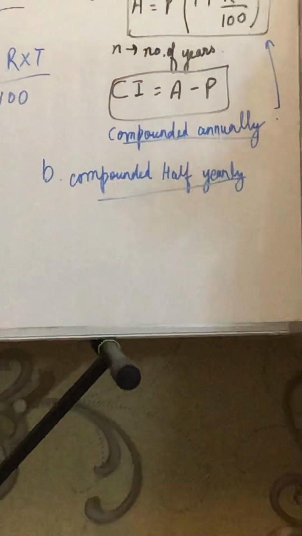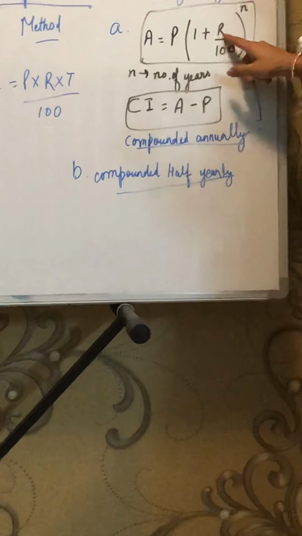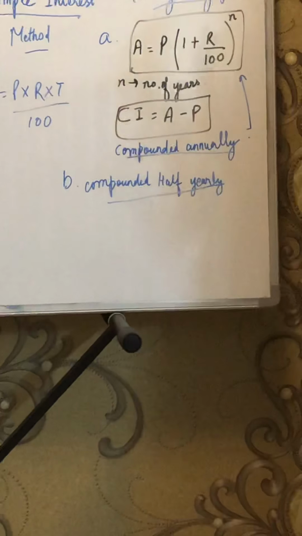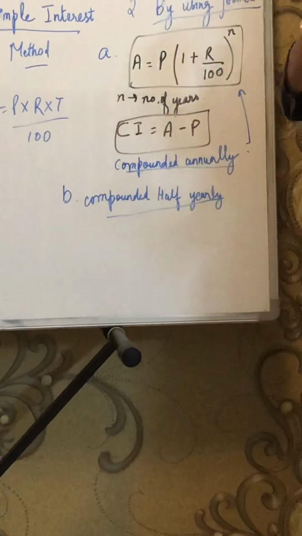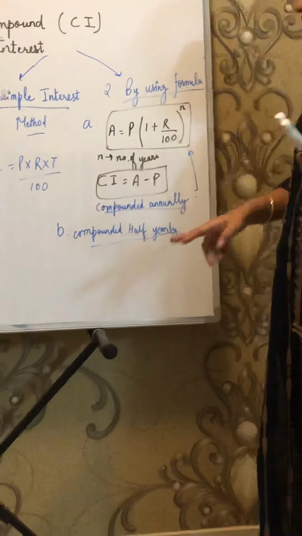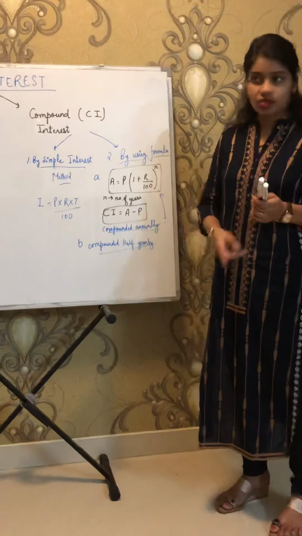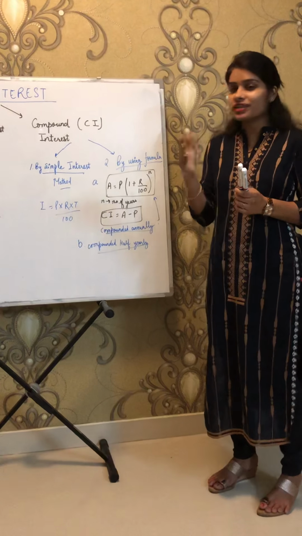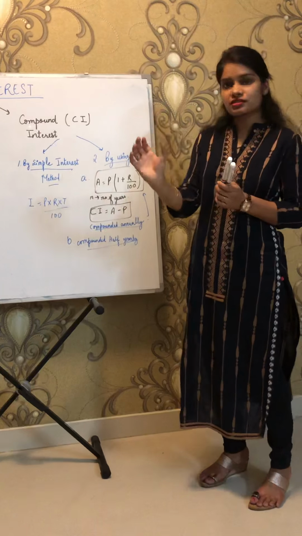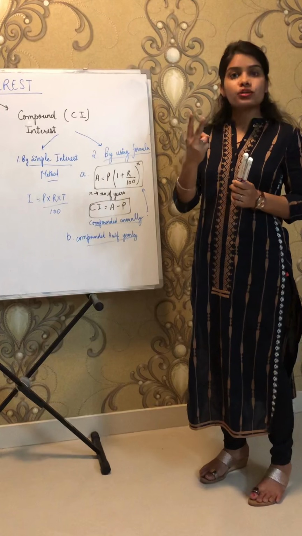In this case, rate of interest gets halved and number of years will become double, because we are talking about half years. In 1 year, how many half years do we have? 6 months and 6 months. How many? 2.